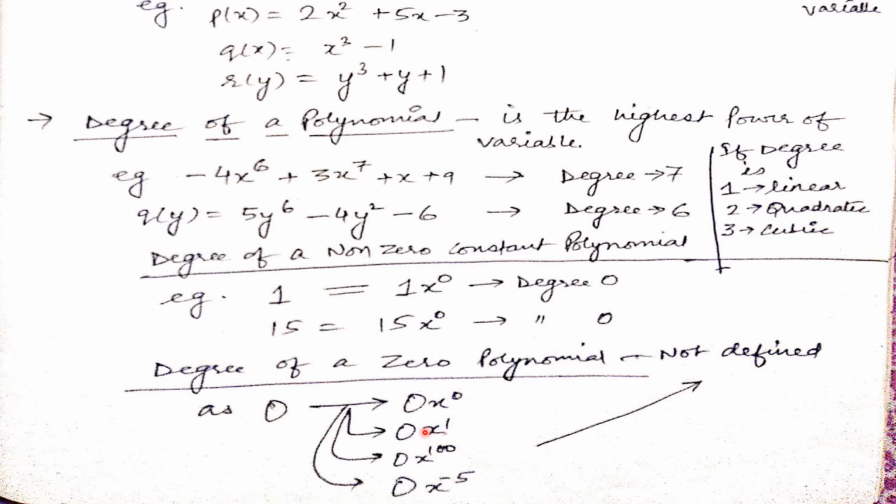So it is correct. It can also be written as 0 into x power 100. No issue. So this gives degree 0, this gives degree 1, this gives degree 100, this gives degree minus 5. So a single number, 0, has infinite degrees, so no single degree is correct. That is why we call it not defined. Understood?